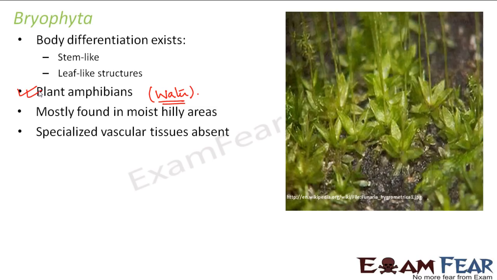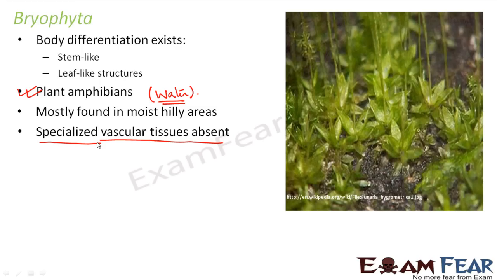Talking about some other special characteristics, they have specialized vascular tissues absent. So there are no specialized tissues to conduct water and minerals throughout the plant body. Now what happens if there is no vascular tissue? There is no specialized mechanism of moving water through their bodies.